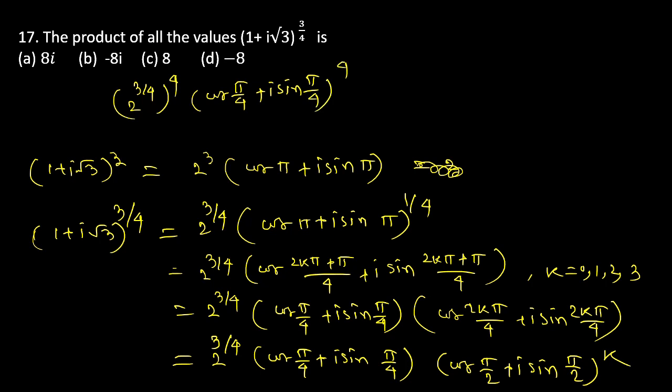And cos pi by 2 is 0, sin pi by 2 is 1, so i to the power k. So i to the power 0 plus 1 plus 2 plus 3.